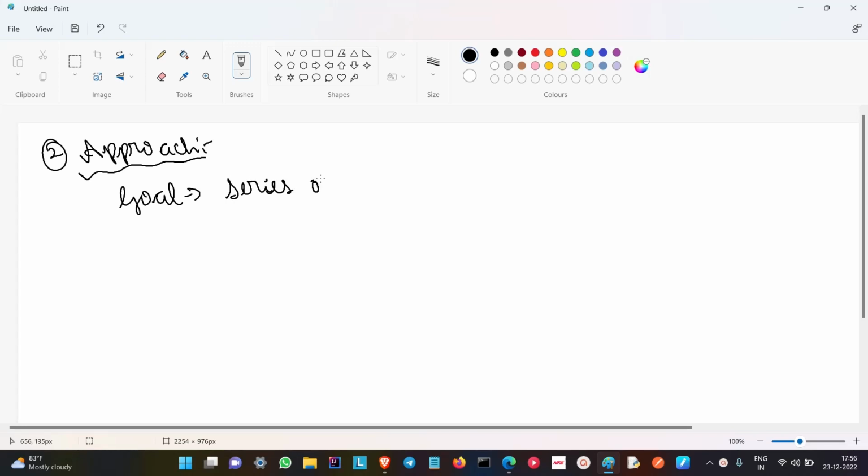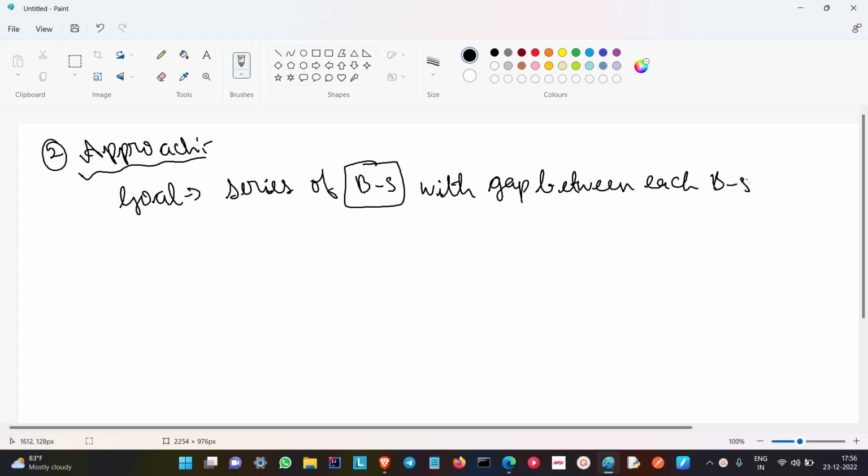So the second step is approach, and the goal of our problem is to find the series of buy and sell of a stock with a gap between each buy and sell.